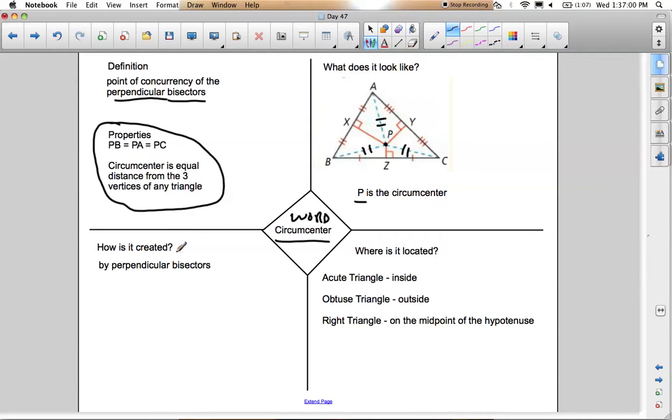How do you know if you have a circumcenter? The circumcenter is created by perpendicular bisectors. Now if we look at this picture, Tequila, how do we know the red lines are perpendicular bisectors? I'll pause there and see if you can answer that. How do we know the red lines are perpendicular bisectors?